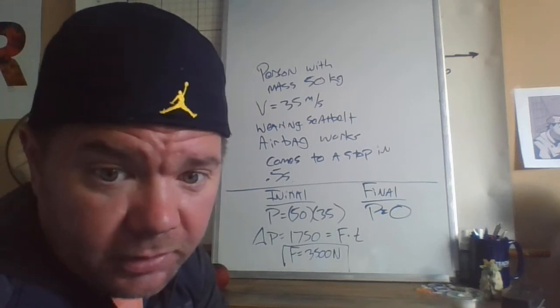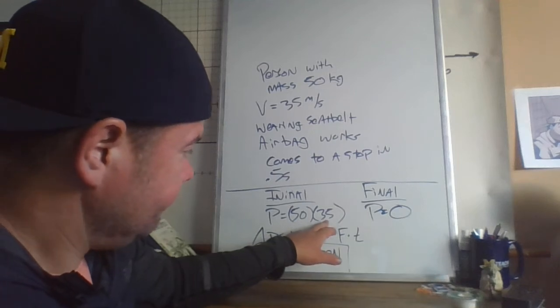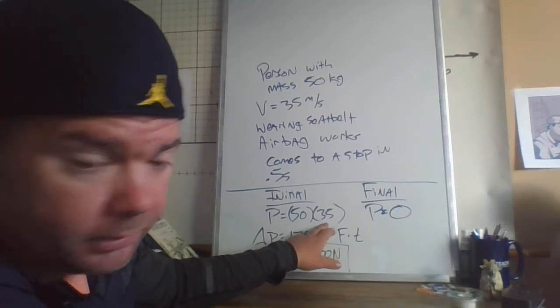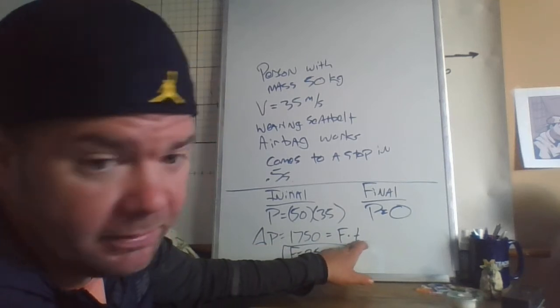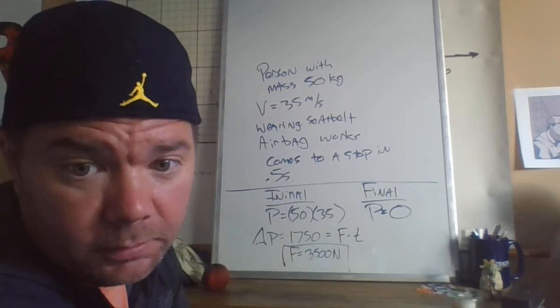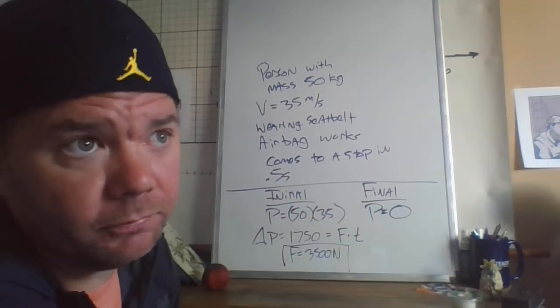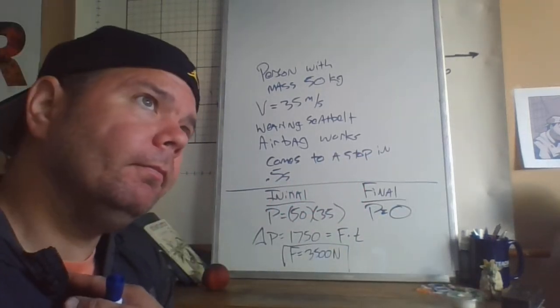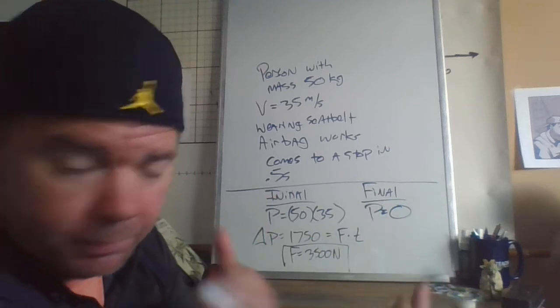What changes? Everything stays the same: mass, velocity, change in momentum. The big difference is the time it takes to stop dramatically decreases. The whole point of the seatbelt is that it makes the process of coming to a stop take a little bit more time.